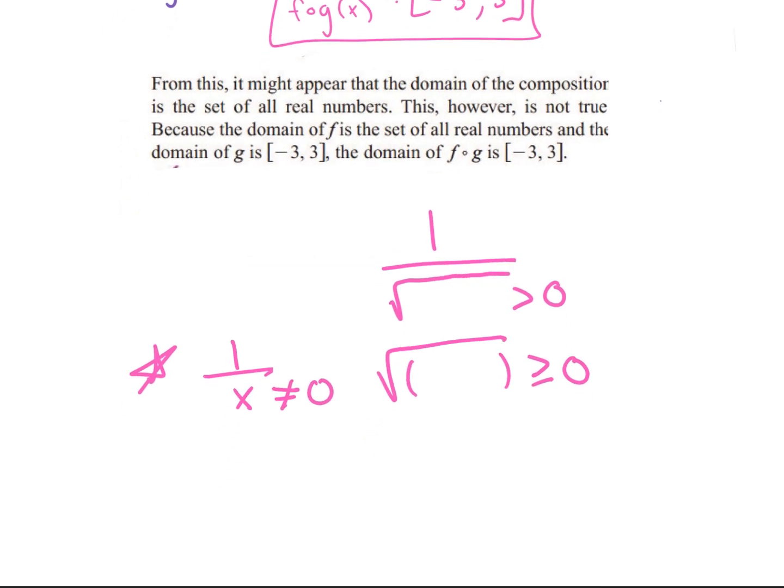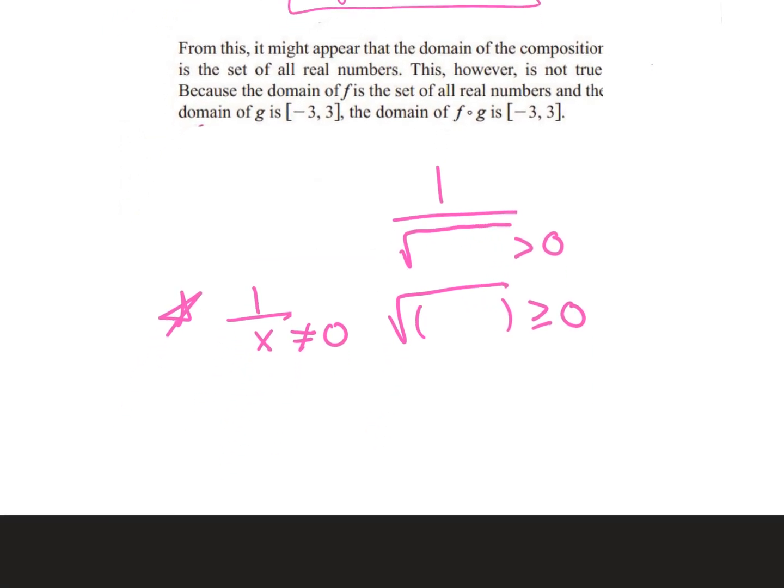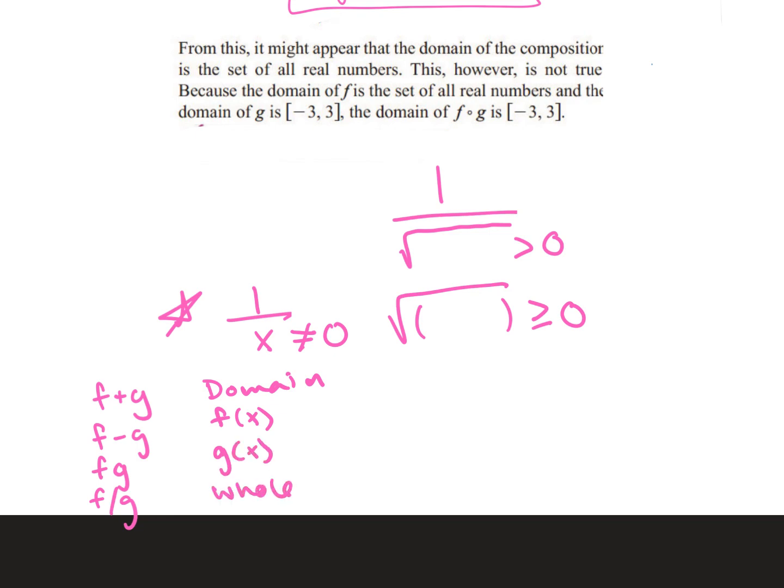And then to kind of just, so we know the difference of what we did yesterday and today. When you have a combination function, so if it's like adding or subtracting or dividing or multiplying, so f times g or f divided by g, to check the domain, we have to check f of x, g of x, and the whole thing. So whether it asks us for f plus, f minus, f times, f divided, we would have to check that.